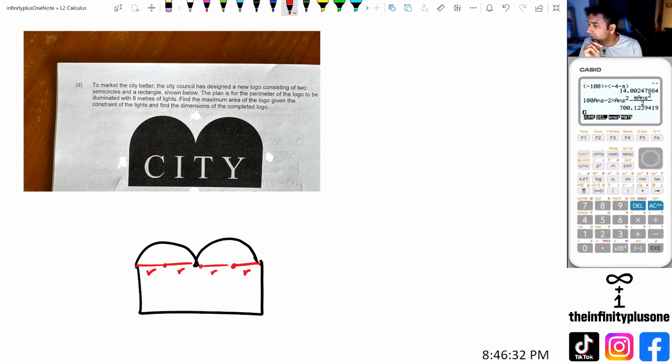He put 2h for the perimeter, because remember the perimeter of this shape is 8. So the 2 h's is coming from here and here. Area is just base times height plus pi r squared. Yep, you're on the way there.